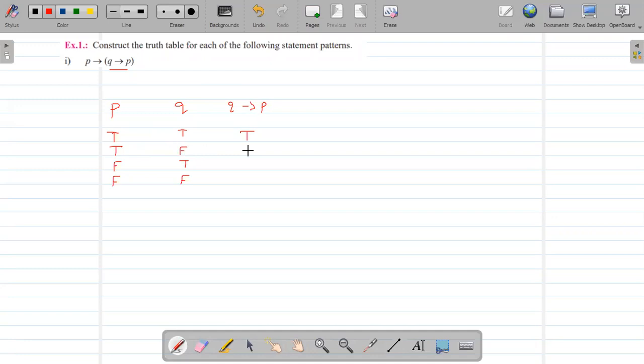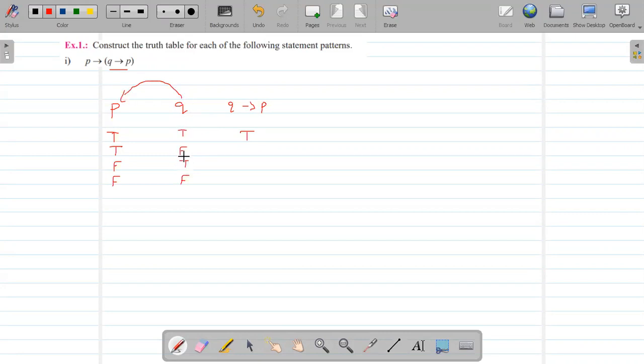True, false. If the first statement is true, the second statement is false, then only false. But you have missed something. Can you see the equation above? The order has changed.